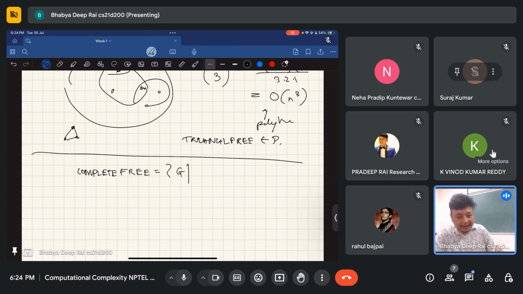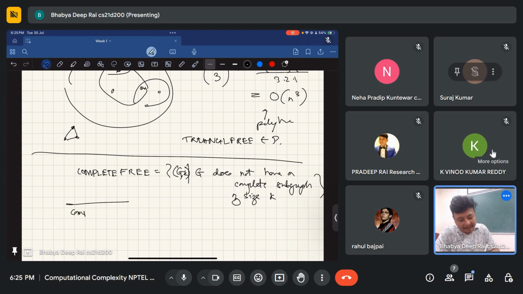Complete free is the set of all the graphs G, k where G does not have a complete subgraph of size k. And if I take its complement, complete free complement, what does it have?